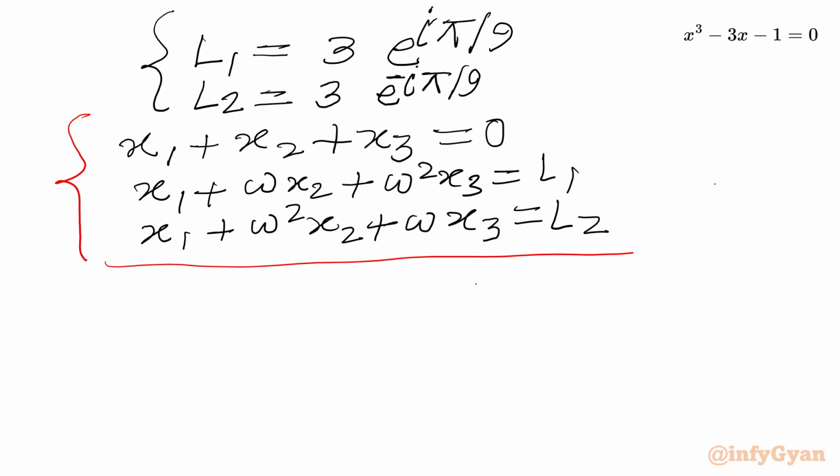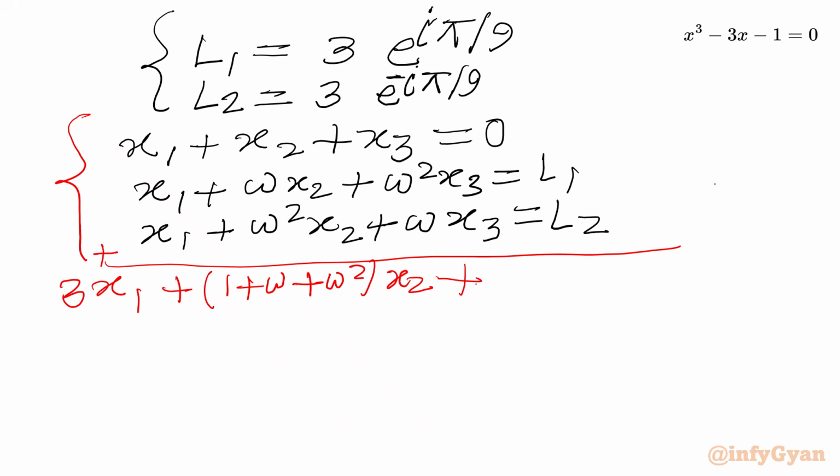I will add these three equations. So I am going to get 3x1, plus x2 is common, so 1 plus omega plus omega square times x2, plus x3 is common, so 1 plus omega square plus omega times x3, equal to L1 plus L2.